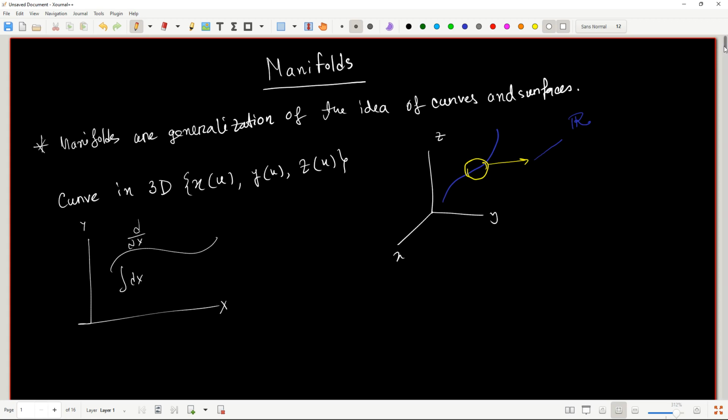So first we'll see some intuitive notion of what we are actually trying to do, and then we will move on to a more formal definition of what manifolds are. So to begin with, let's consider a unit sphere of radius 1.